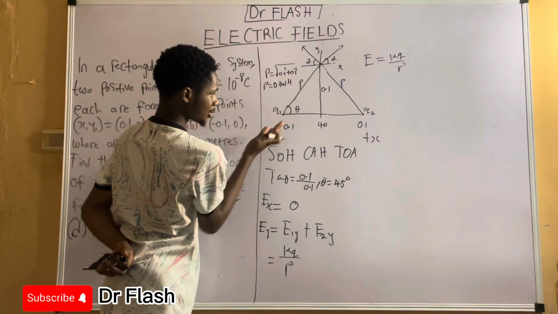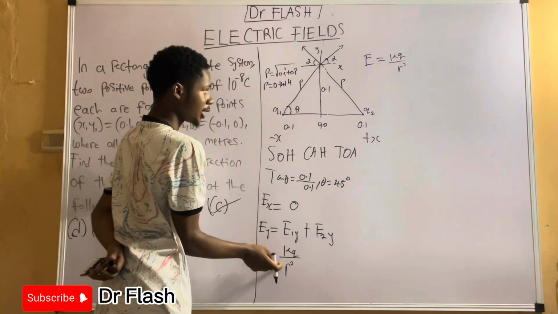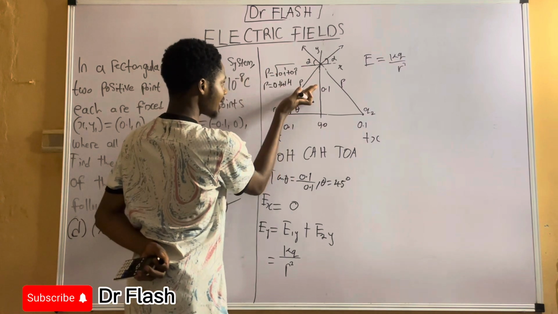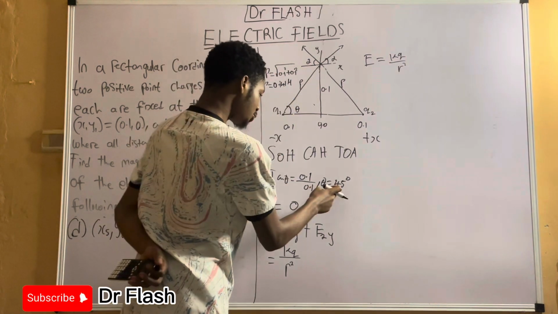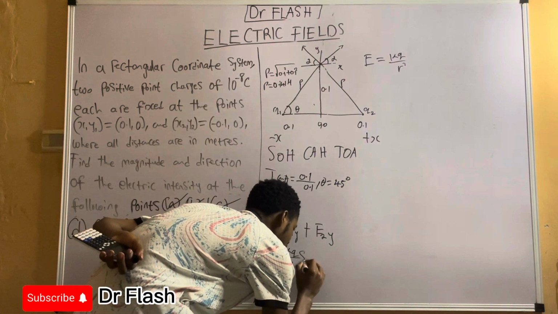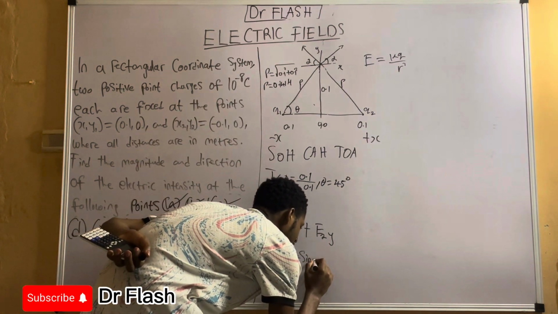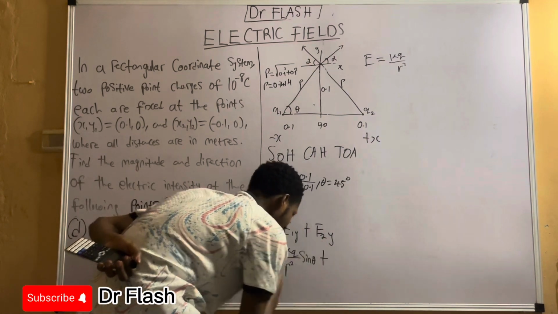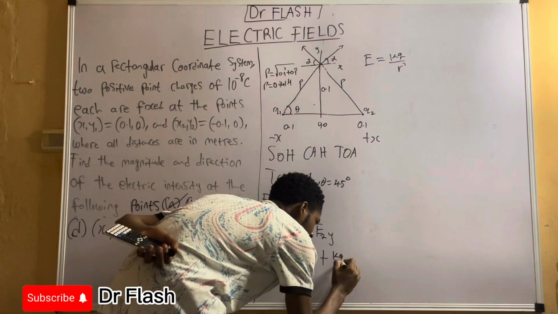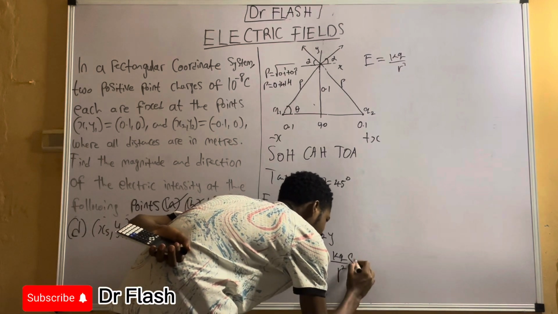Remember, this field is slanted, not vertical, not horizontal, so we have to resolve it to the vertical. That is sine of theta. We already found theta. What did we find theta to be? 45. So we have sine of theta, 45, plus the other one, exactly the same thing. So I'm going to have KQ over R squared sine of theta.